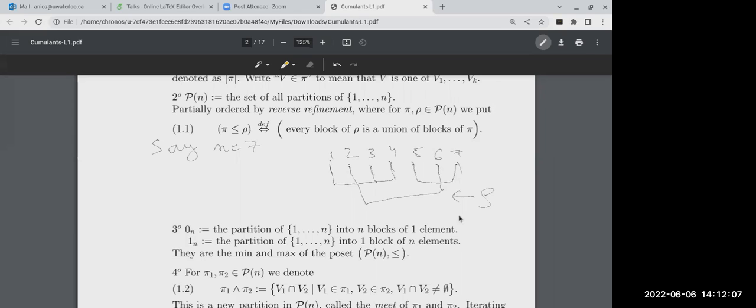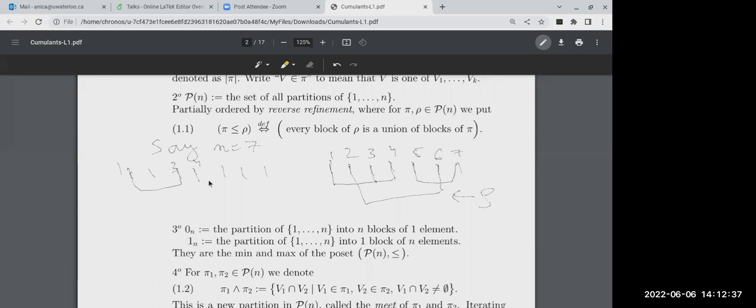Then pi less or equal rho means that you take the blocks of rho, and some of them, whichever ones you want, you break them into pieces. So for instance, here I'll make pi. Say in the block 1, 3, 4, I decide to keep 1 and 3 together, but put 4 apart.